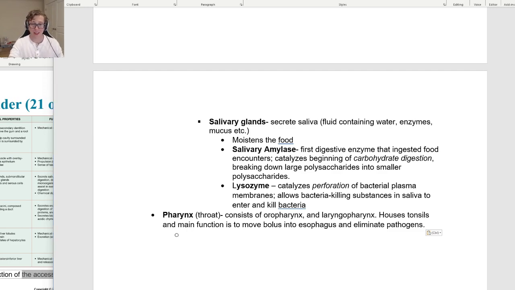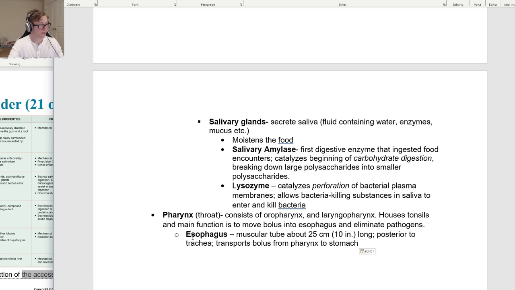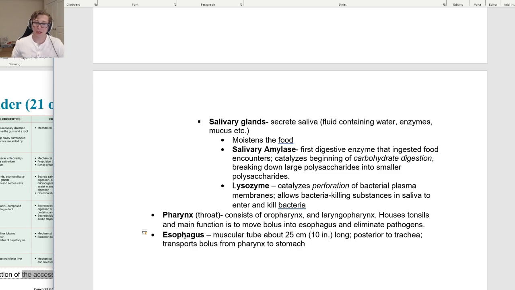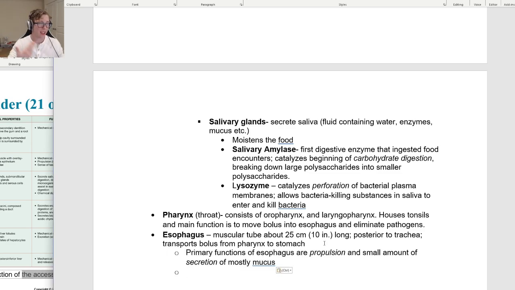Now, the esophagus. It's a muscular tube about 25 centimeters, and what it does is transport the bolus from the pharynx into the stomach. The primary functions of it are propulsion and a small amount of secretion. That secretion is mucus, so that you're actually going to protect your esophagus as food continues to go down it.